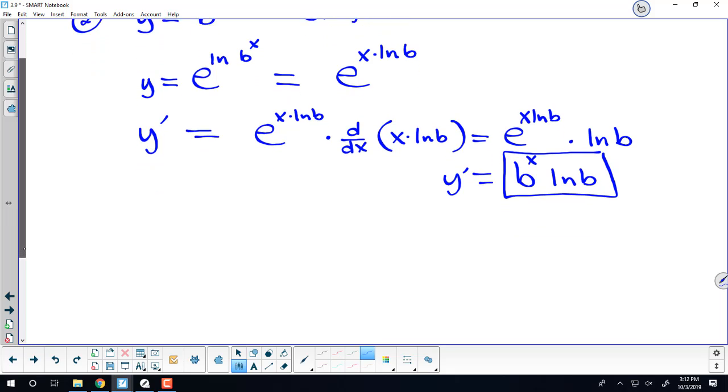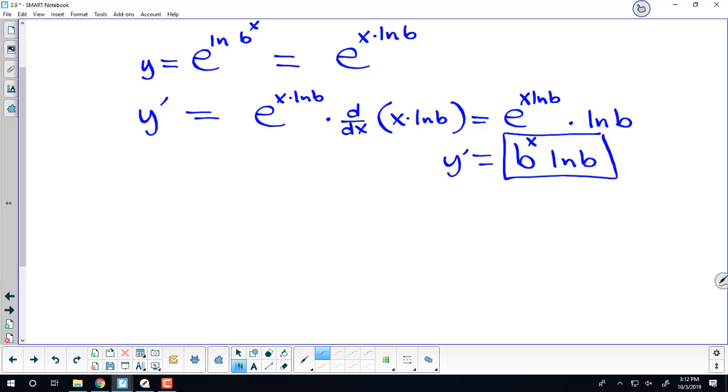So we'll look at the chain rule here in a second, but does this make sense if y is equal to e to the x? Well, if y is e to the x, then our b is simply equal to the number e. So let's apply this rule.